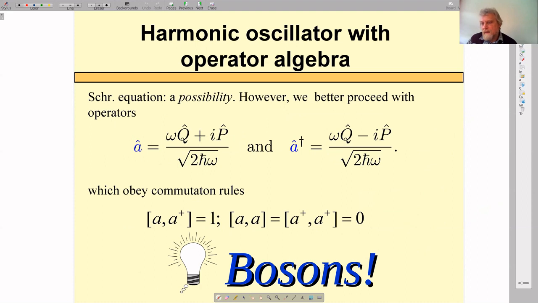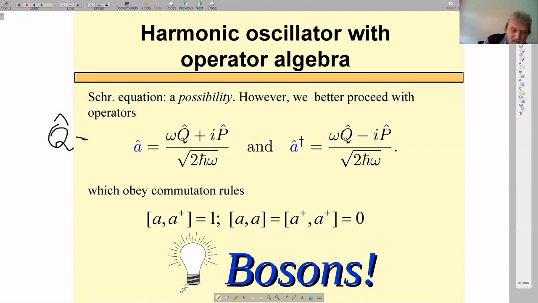We have quantized it and we must proceed further. And there are different possibilities. One can, for instance, using commutation relations between coordinate and momentum, do Schrödinger equations.